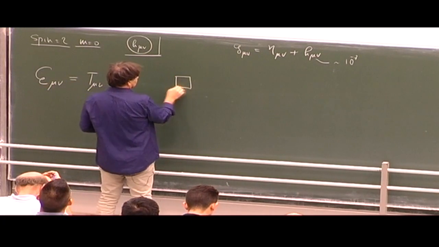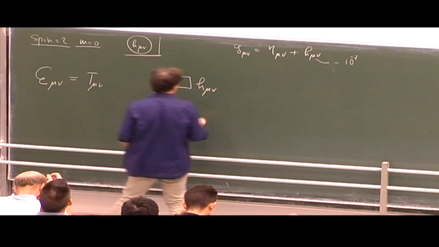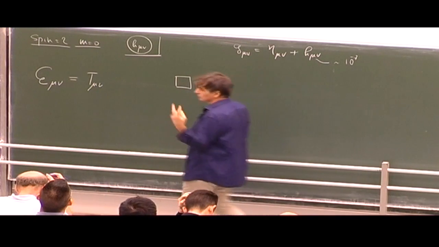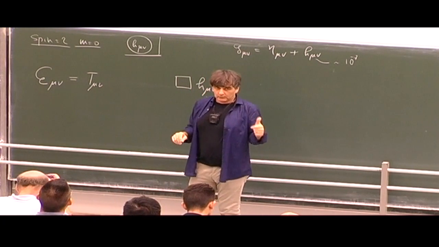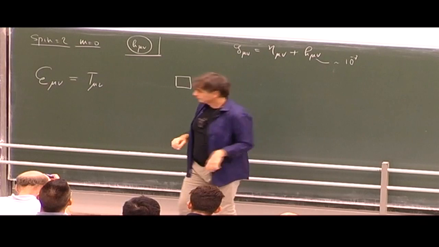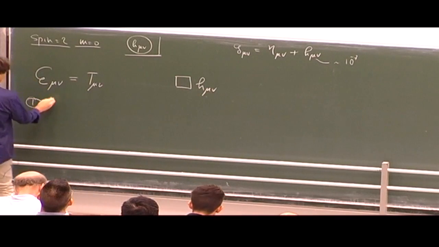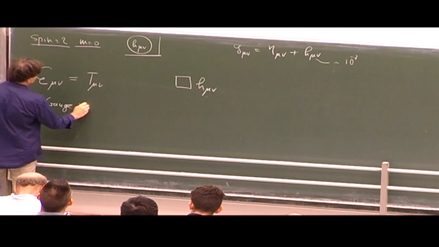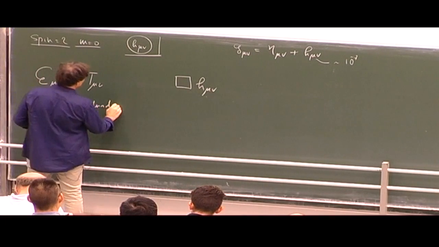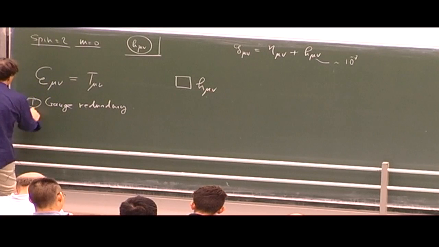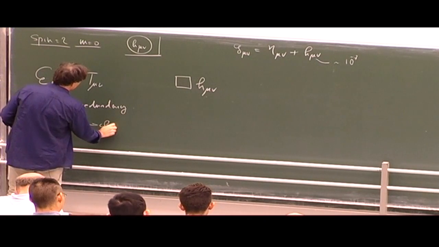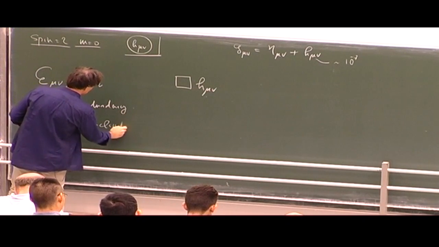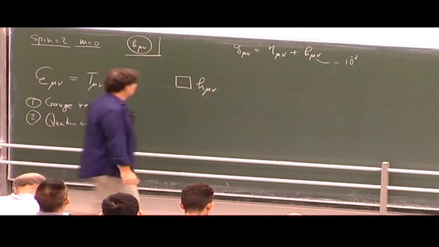So the Einstein tensor has the following form. Sorry for the technicalities, but they are important to illustrate certain points, because there are two important things we need to watch. One is gauge redundancy, okay? And the other thing is the quantum to classical transition.